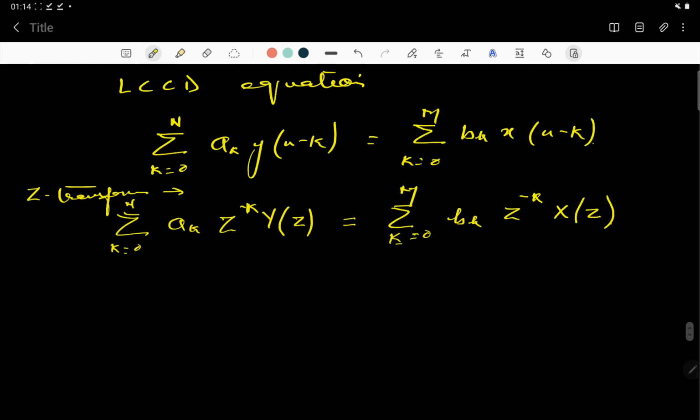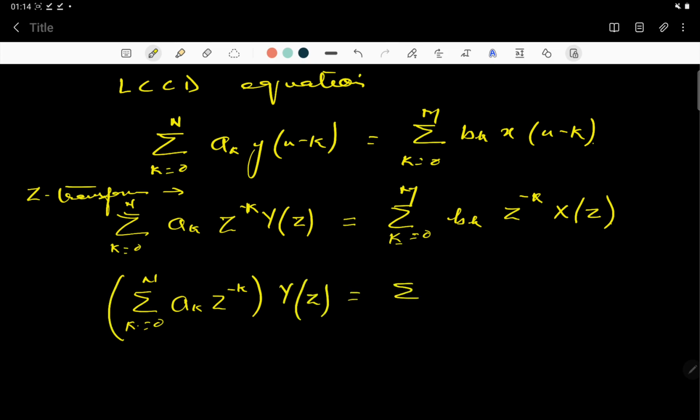Or if you want to write this, you can also write it as the summation over k equals 0 to N of a_k z to the power minus k Y(z), and this should equal the summation over k equals 0 to M of b_k z to the power minus k X(z).